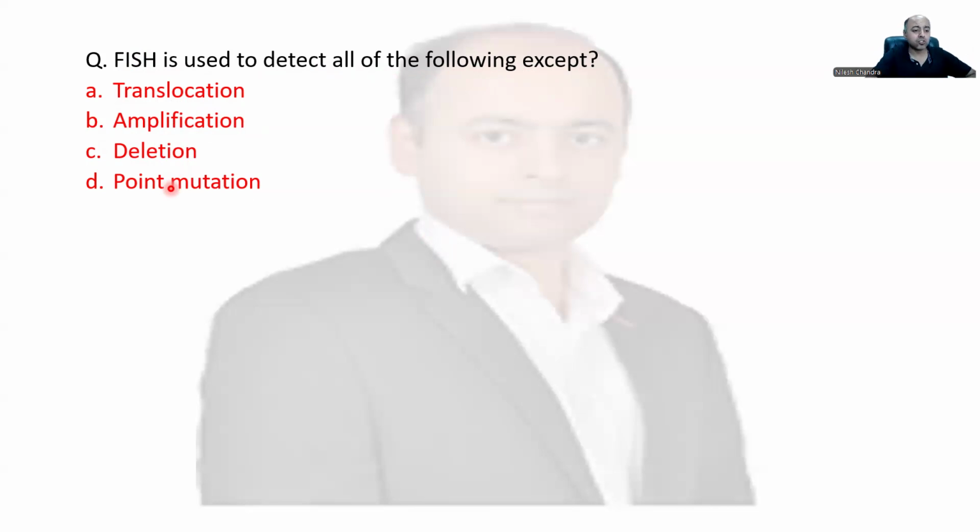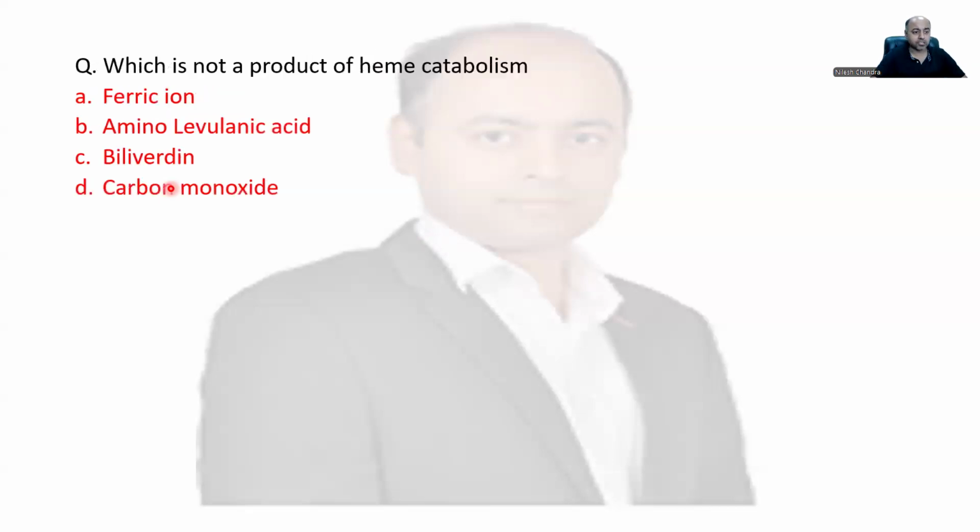It will allow for hybridization of the probe. So the FISH probe will still get attached even if there is a point mutation. So FISH is not very particular in its ability to identify the point mutation, but the rest of them are easy to identify using the fluorescent in situ hybridization.